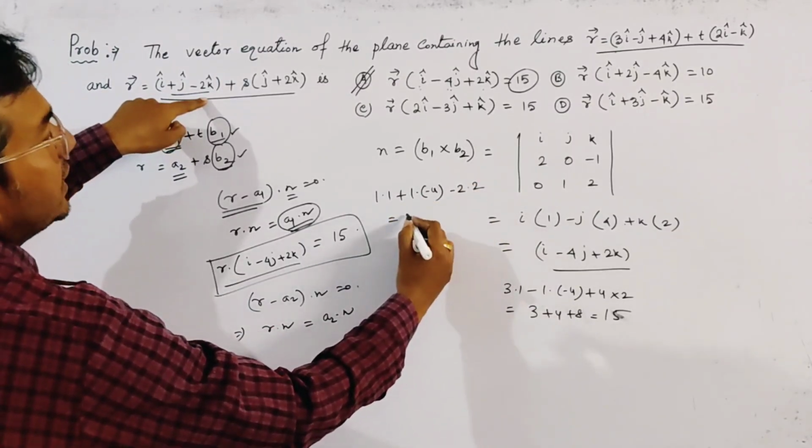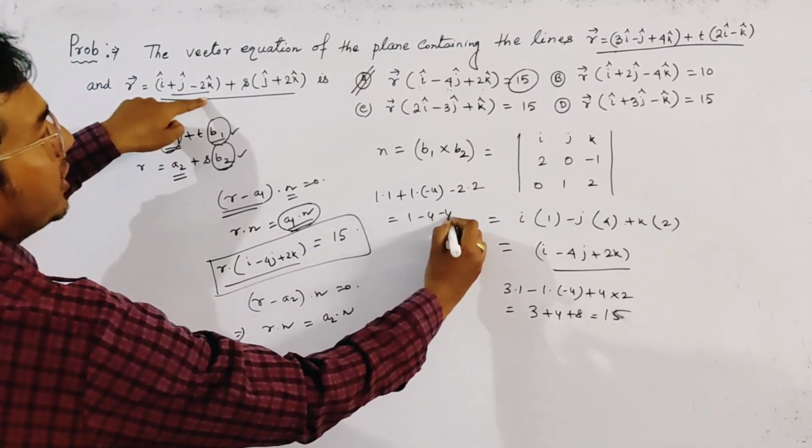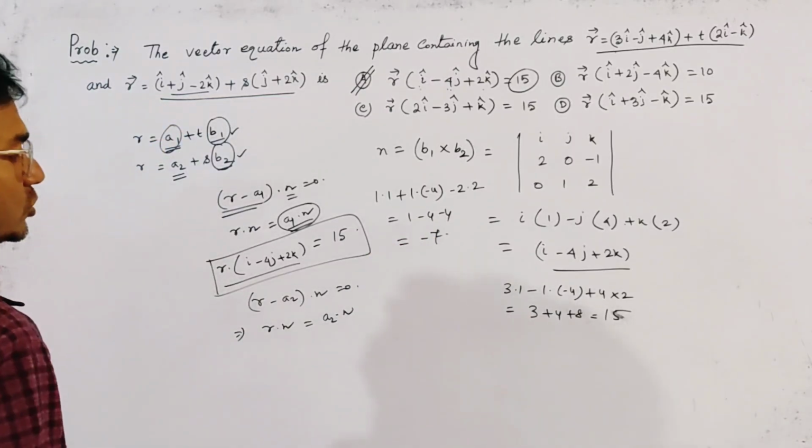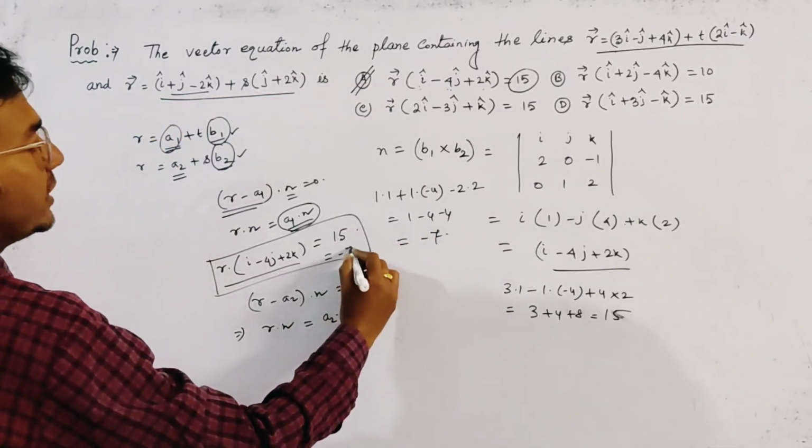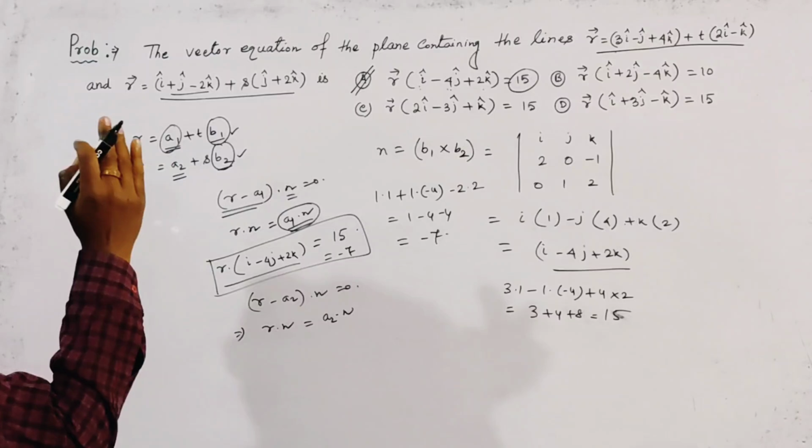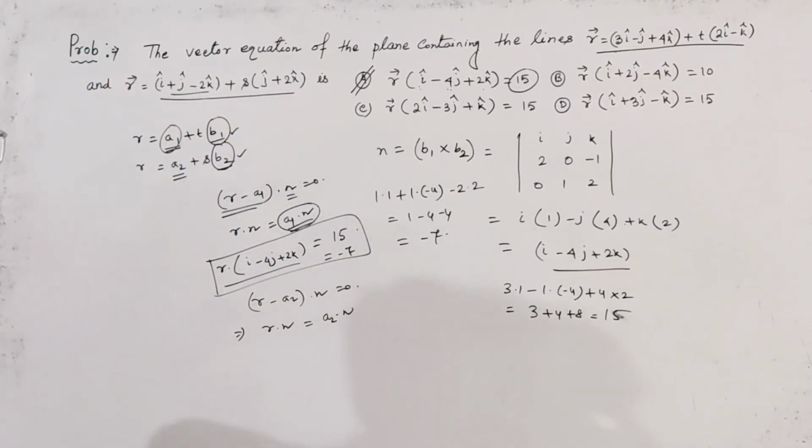So we get 1 minus 4 minus 4, which is minus 7. So we get two answers for a broad type problem.